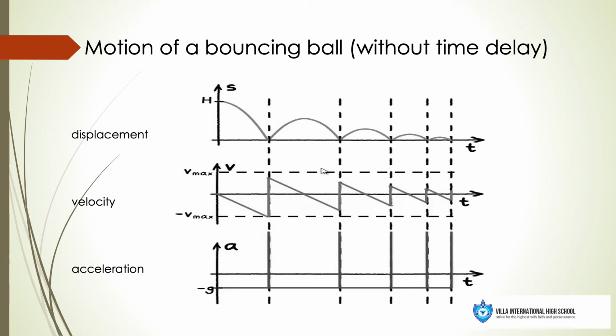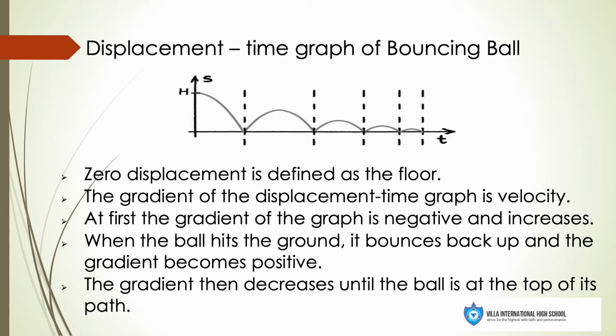So first, we can analyze the displacement time graph of a bouncing ball. Look at the graph. Why is the graph exactly like this?